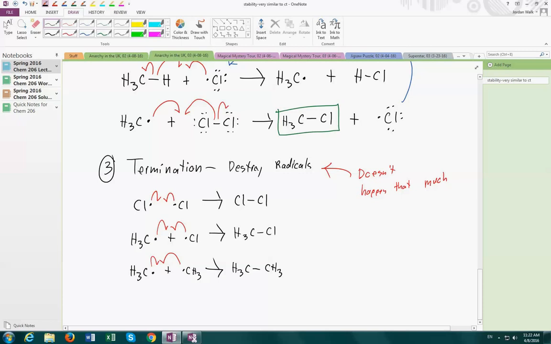It's not an appreciable amount. It's just how our radicals end. Radicals are not infinitely stable, and so once they don't have any material to react with, they're just going to pretty much collide with each other, and they're going to turn back into something that's a lot more stable. So there's lots of possibilities for our termination step, but it doesn't happen much, and it really is just going to happen at the end of our reaction.